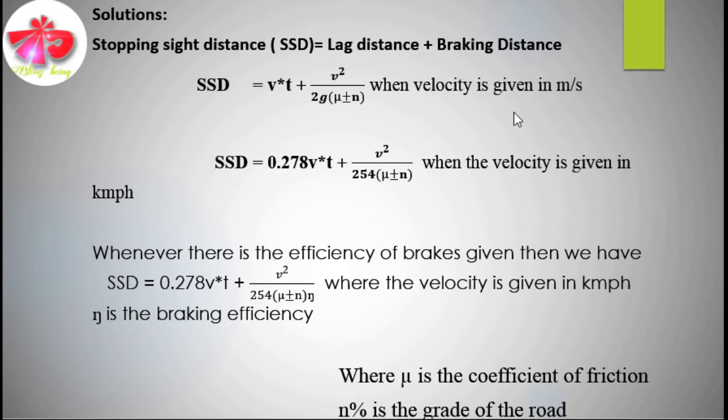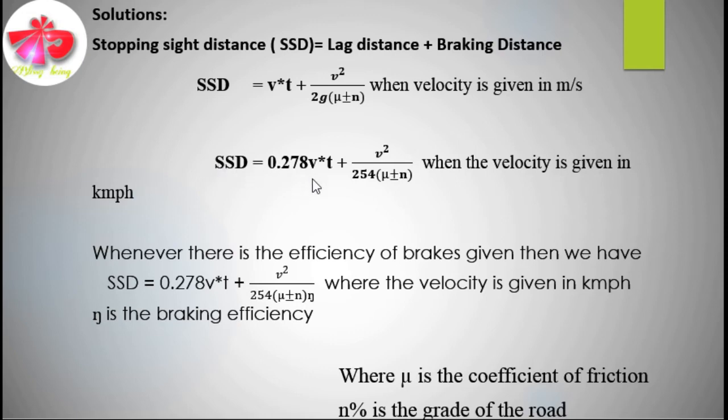Whenever the velocity is given in kilometer per hour in the question, you need to convert it into meter per second to use this formula for stopping sight distance. But when you have the velocity in kilometer per hour, then you can directly use the following formula.